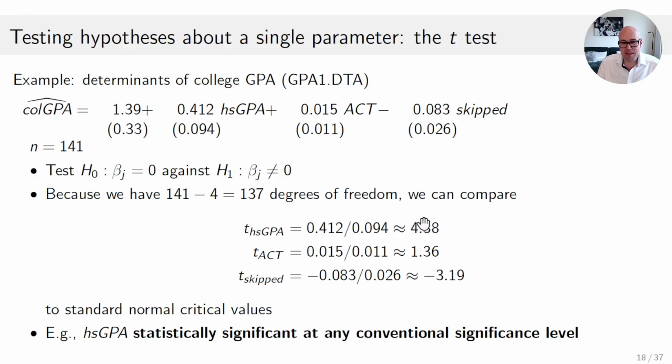High school GPA is significant at any conventional level, also at the 1% level, and also the one for skipped class is significant at any conventional level. This one here is smaller than 1.96, so we would say that the ACT score is not significant, or the effect of the ACT score is not significant.